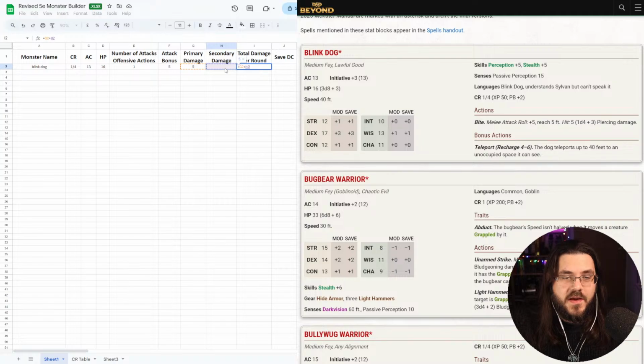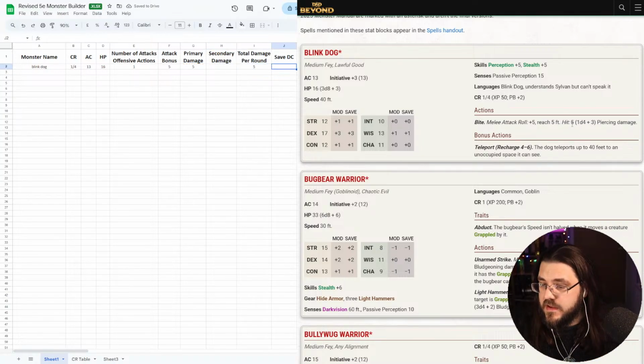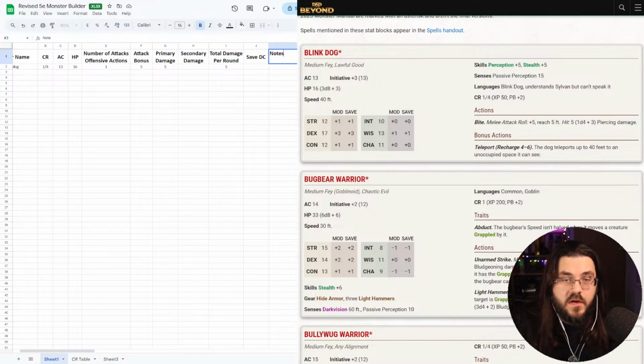That's fine because I'm clicking the wrong things. And then any save DCs, it has no save DCs, I don't think. No. And then we want a little notes section, and can teleport.